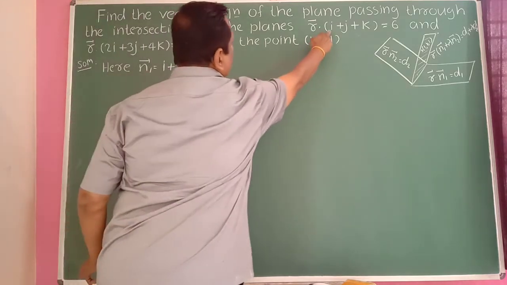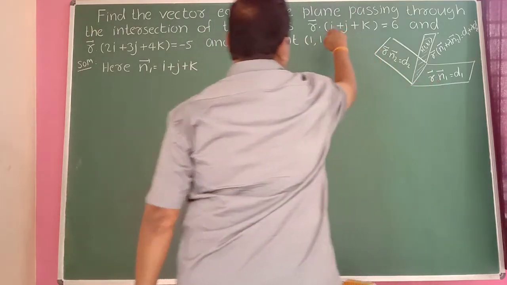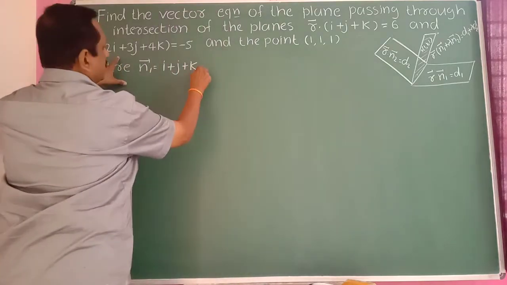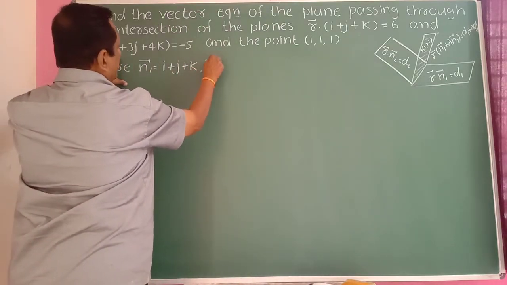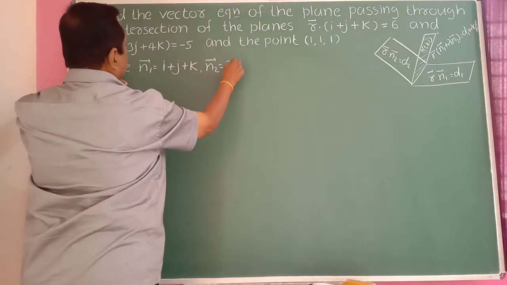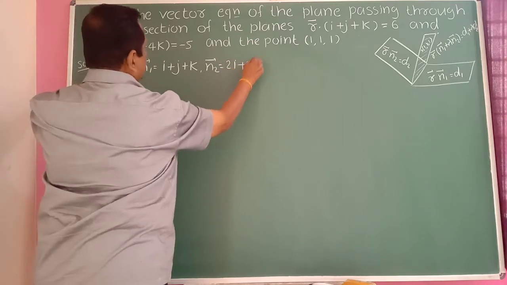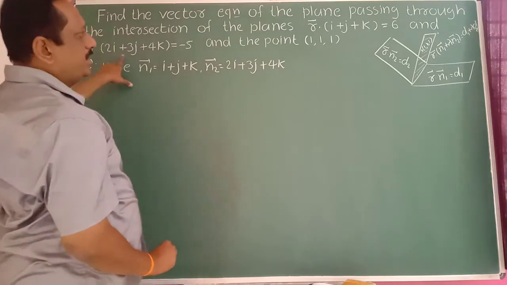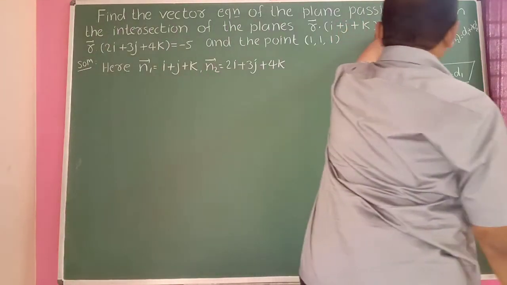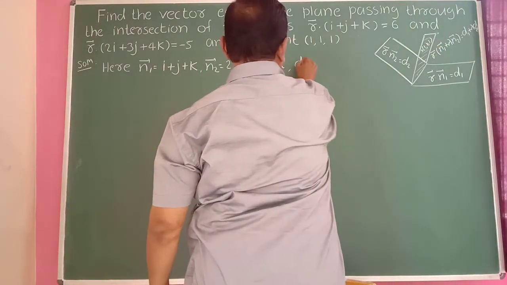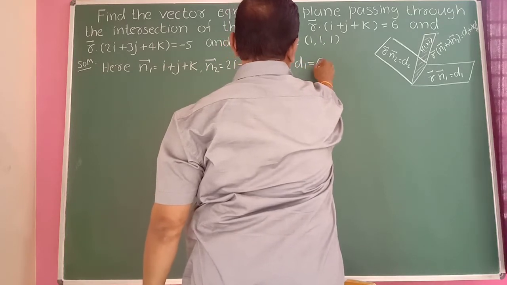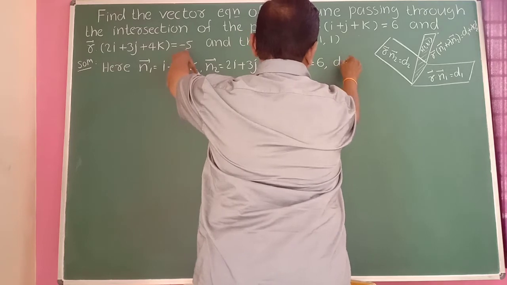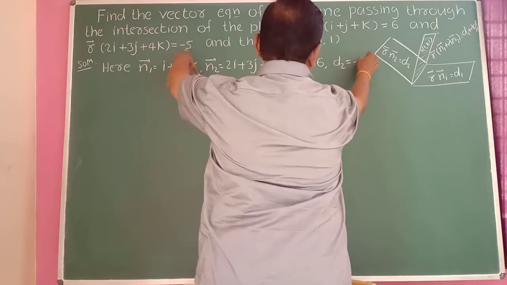Comparing this with this equation, n2 bar is equal to 2i plus 3j plus 4k, and d1 is equal to 6 and d2 is equal to minus 5.